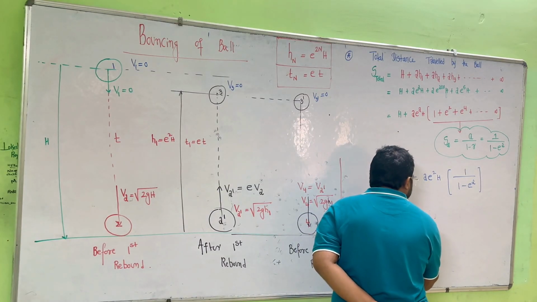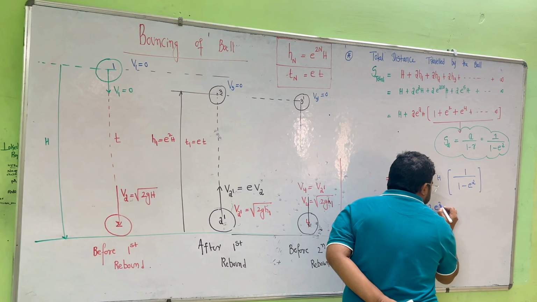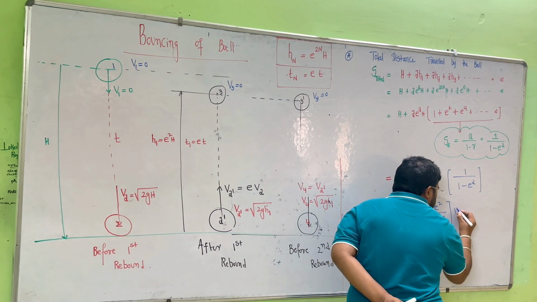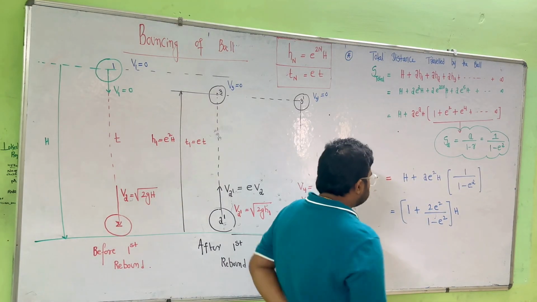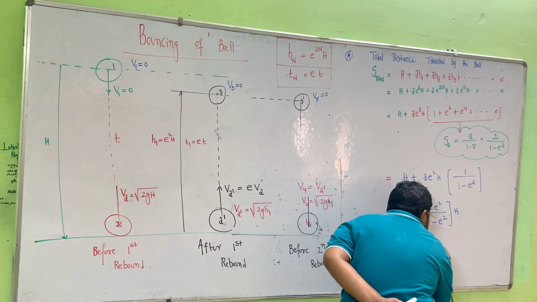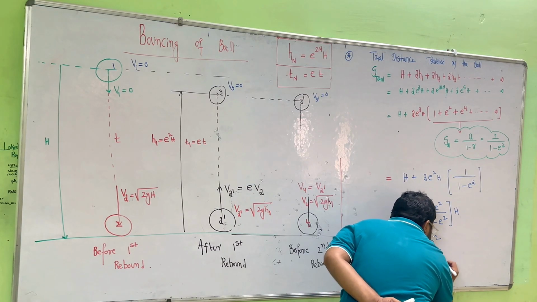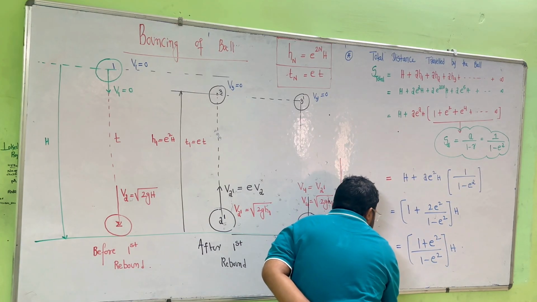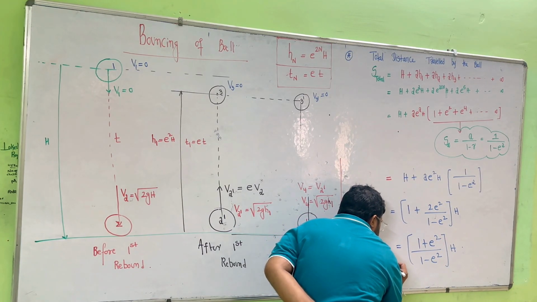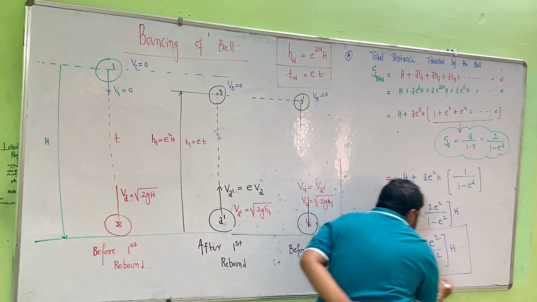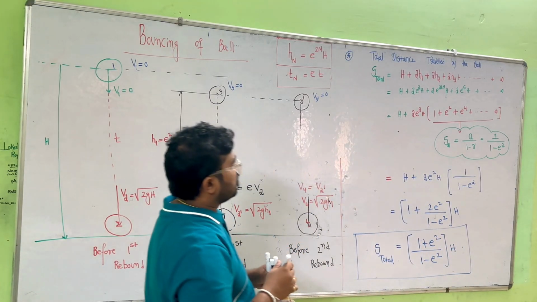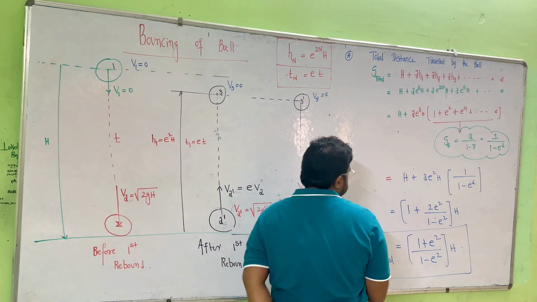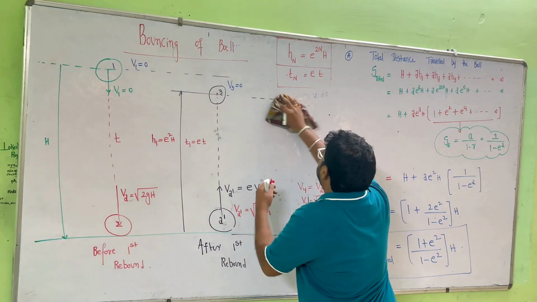H taken out, 1 plus 2 times of e square by 1 minus e square into capital H. Here what we will get? 1 plus e square by 1 minus e square into capital H. That is the total distance traveled by the ball in the entire journey of the ball.